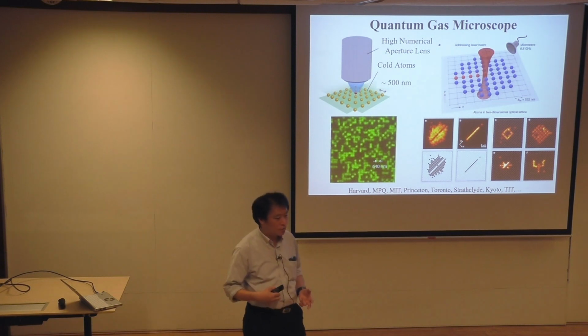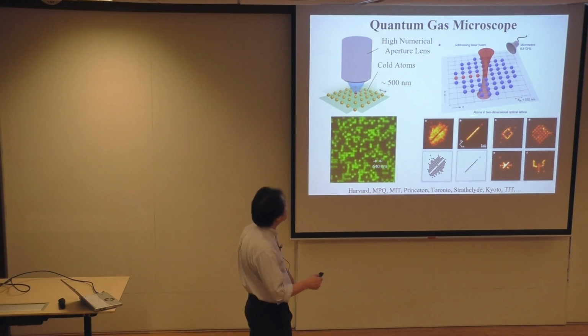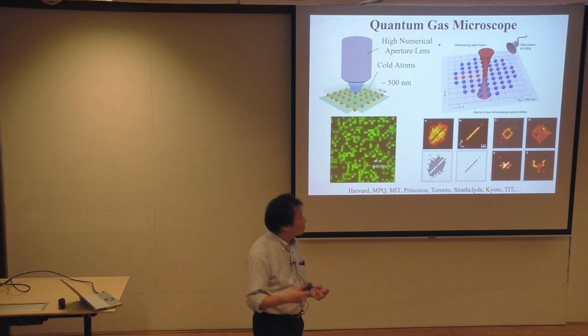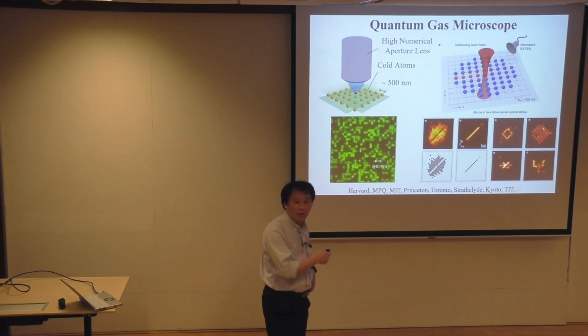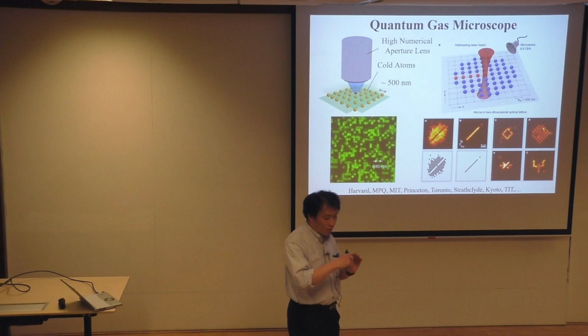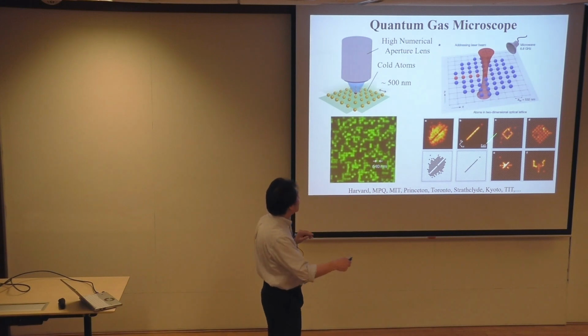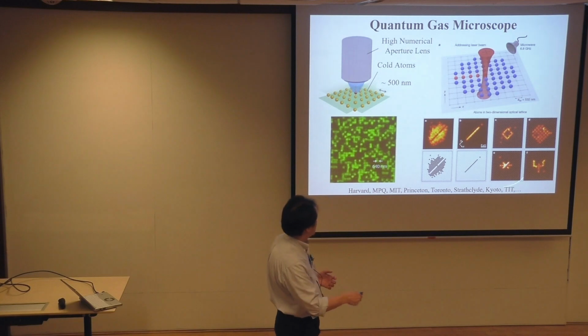In addition to the detection of single atoms, one can also manipulate and control single sites using this optical setup. So with this technique, one can prepare almost arbitrary atom distributions like this.